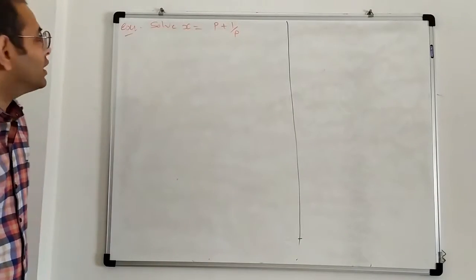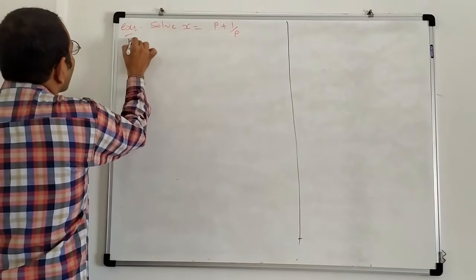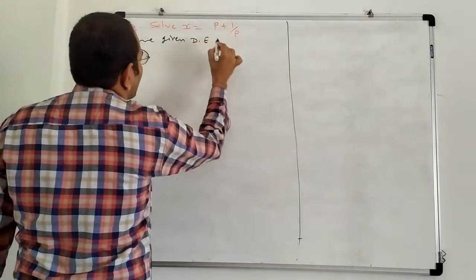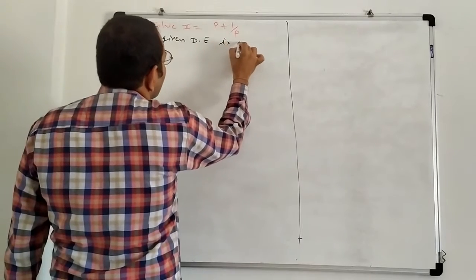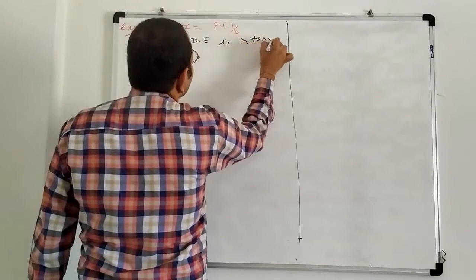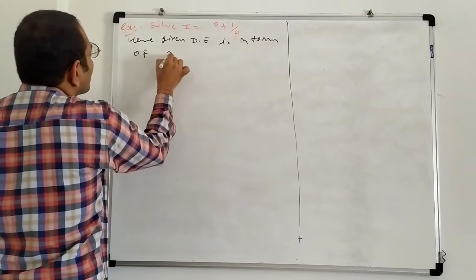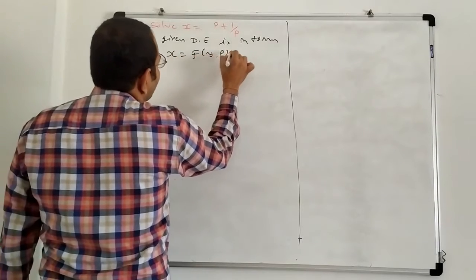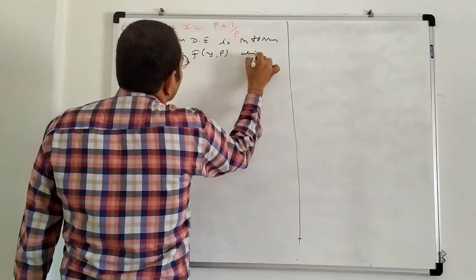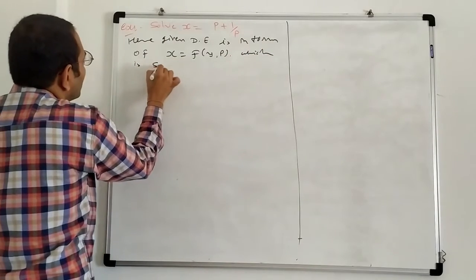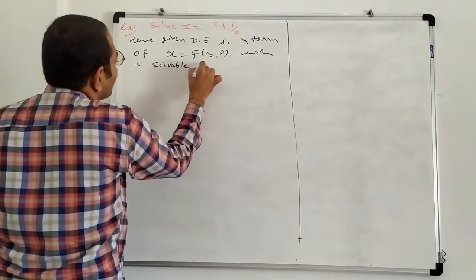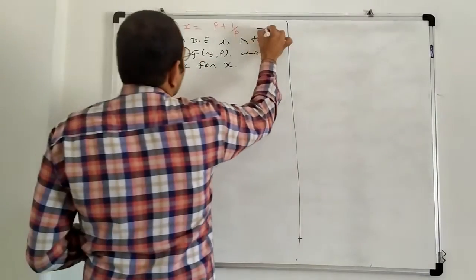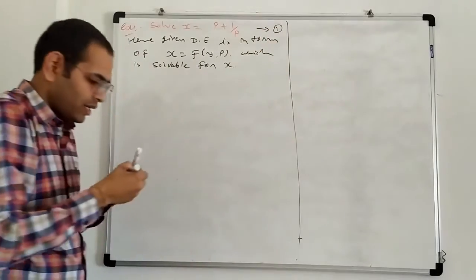In this example, the given differential equation is in the form x equal to f of y comma p, which is solvable for x. That is our equation number 1.